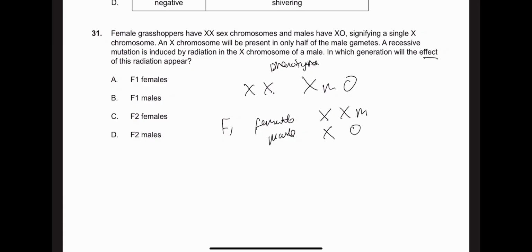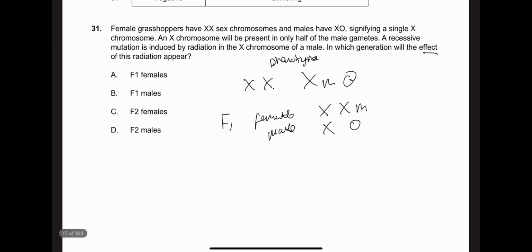He takes the normal X allele from his mother and the no allele from his father. So what does this allele combination result in? It means we have to move on to the F2 generation. Let's say the F1 X X^M female and the XO male mate. Their offspring would include an X^M female, just like we had before.